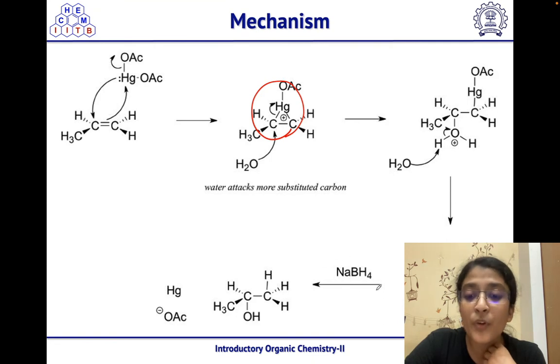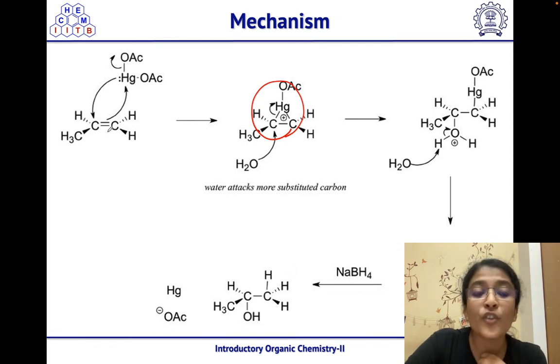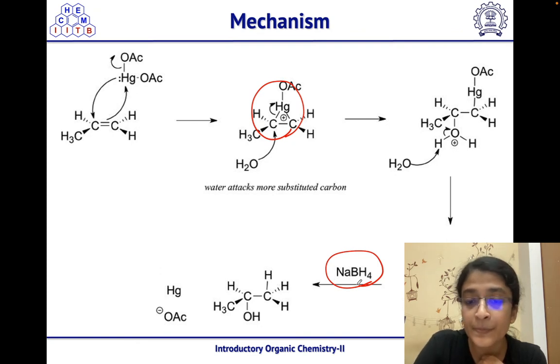Then, upon sodium borohydride treatment, hydride ion will go and substitute this mercuric acetate and lead to formation of alcohol. So, from alkene, we will get alcohol. That is oxymercuration reduction. This is the mechanism for oxymercuration followed by reduction. Clear, right?